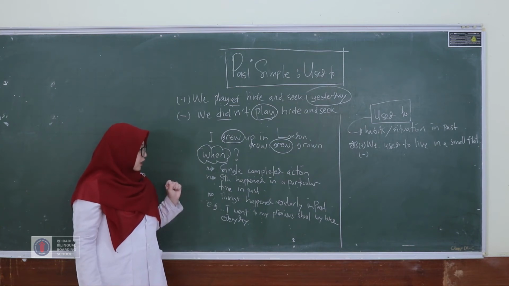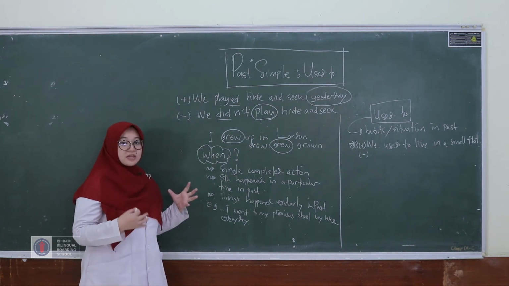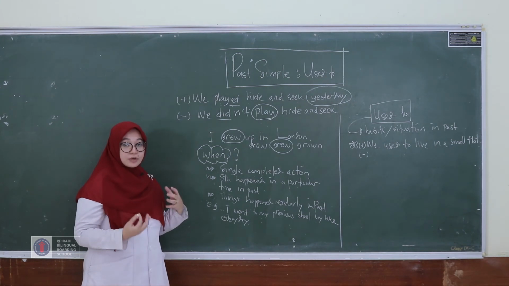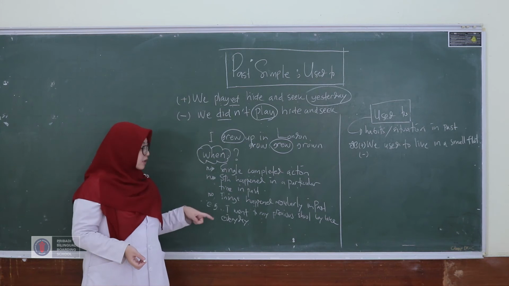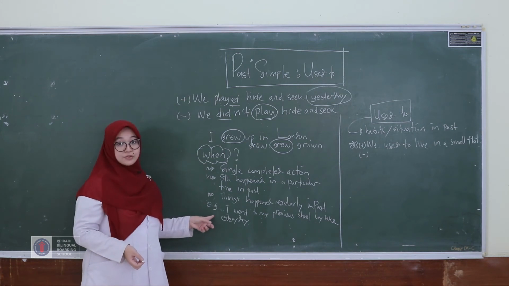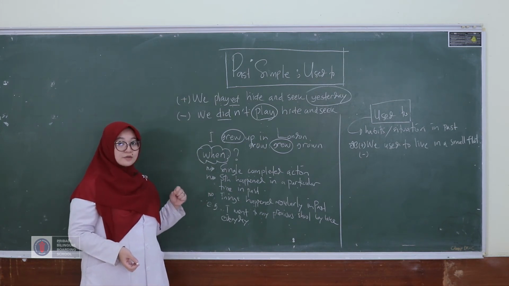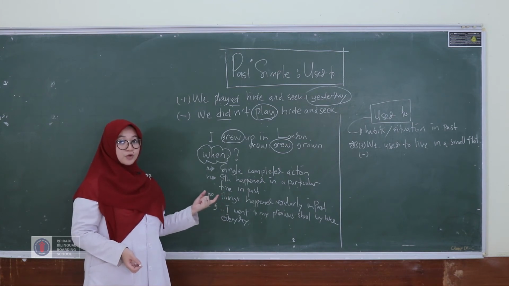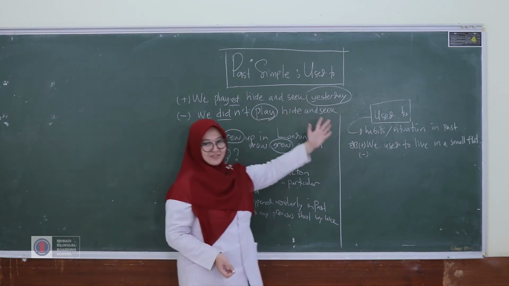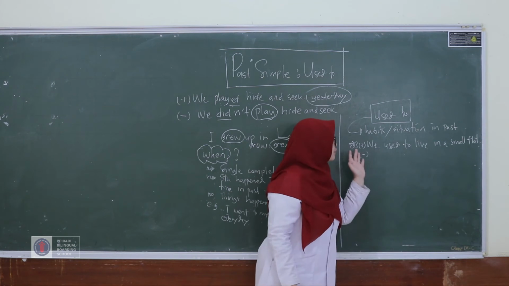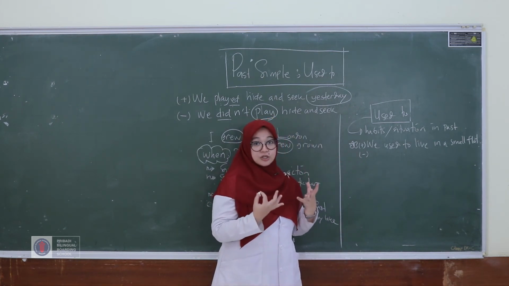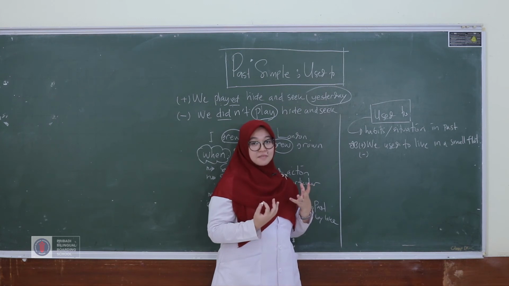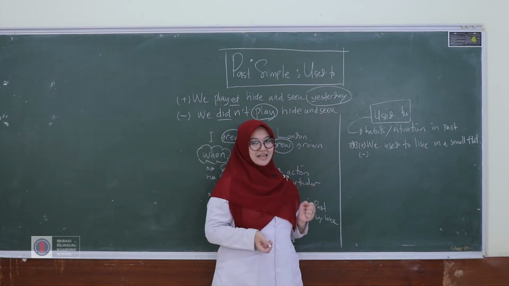When we talk about things that we regularly did in the past, we're not only using past simple; we can use the other form, which is "used to." "Used to" is an expression for habits or situations in the past.